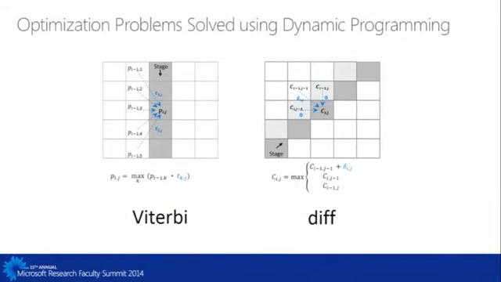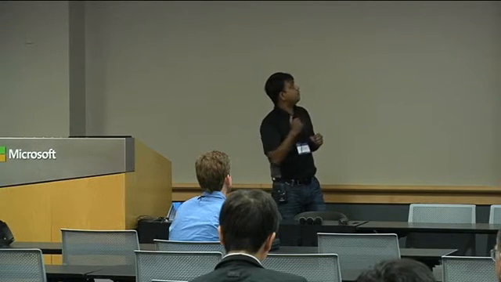There are many optimization problems which can be phrased in terms of dynamic programming. The best way to think about it is that you have a table and you want to fill up this table with values, and there's a recurrence equation that will tell you how to fill up a particular entry if you know the values for a set of previous entries.